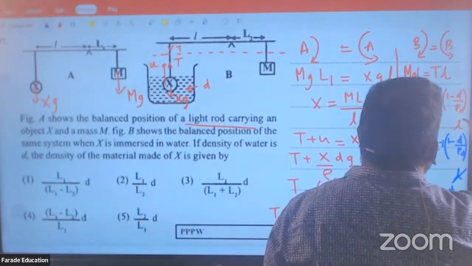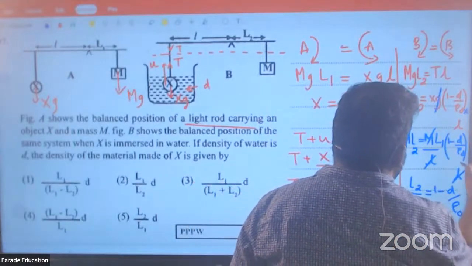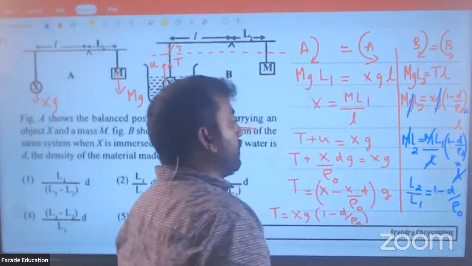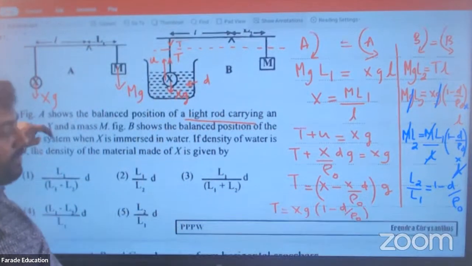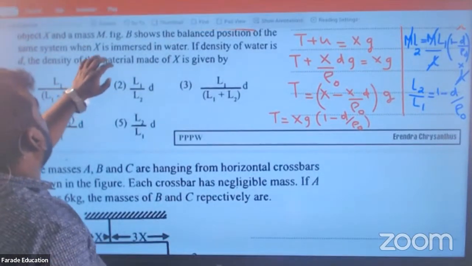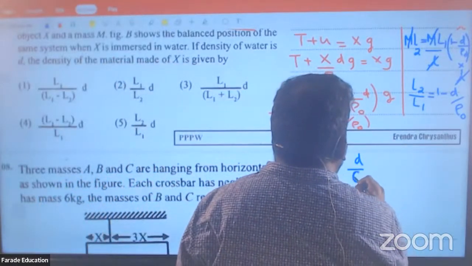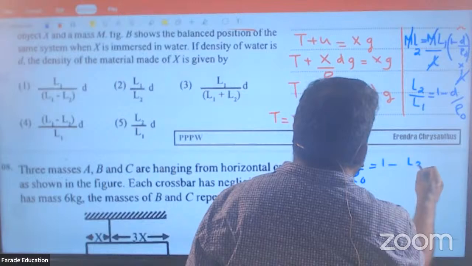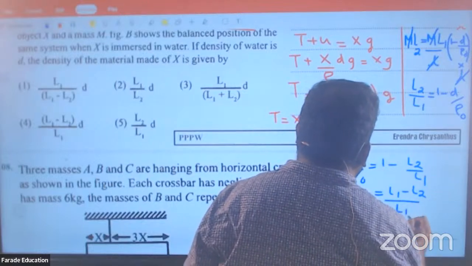This L is a multiplication; some of you might think L is down. No, no, it's multiplication. L and L cancel out. Simplify this carefully. Here you go. D over rho naught equals 1 minus L2 over L1, which is L1 minus L2 divided by L1.